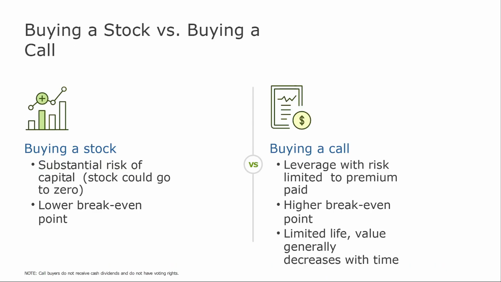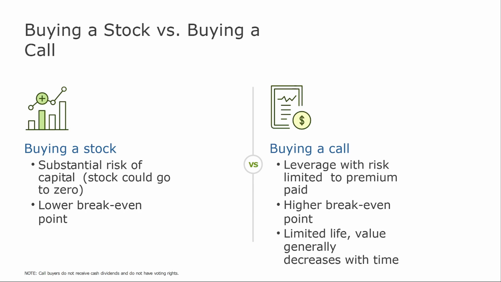Let's continue. So, like I said, buying a stock versus buying a call. We can see the leverage, with the risk limited to the premium paid. So you are always going to risk the premium, no more, no less, while with the stock it is not the same. We would have a higher break-even point.